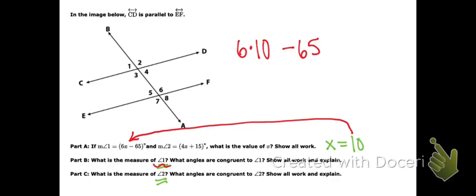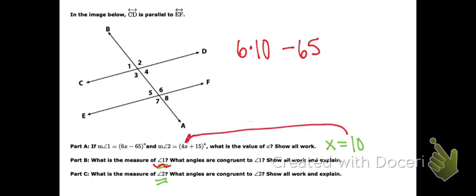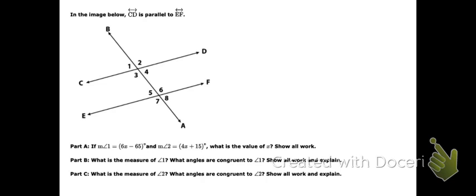And then the same for part C. Whatever you found out x equals, you would substitute that into this for x. 4 times 10 plus 15. That would be the measure for angle 2, the answer in part C. Again, x doesn't equal 10.